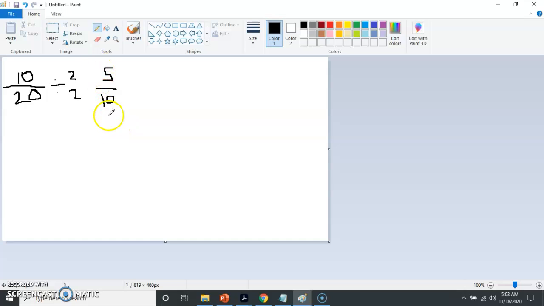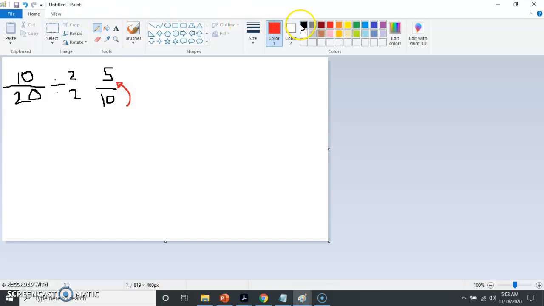And now we have to ask ourselves, can we make this fraction 5/10 any smaller? And as you can see, 5 can't be divided by 2. But what you can do is look at the denominator and see that 10 can be divided by 5.